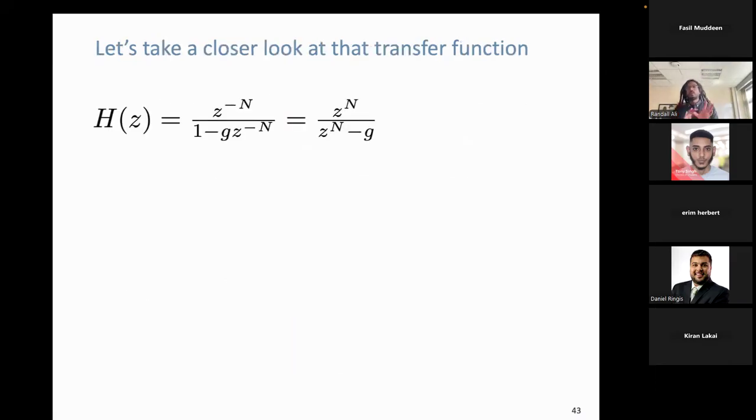Let's take a quick look at this transfer function. It looks fairly simple, but it's important to understand. I can rewrite this just by multiplying out by z to the power of N here, and I can end up with this equation. There are a bunch of zeros when z to the power of N is equal to 0. And this gives you N zeros at z equals 0.